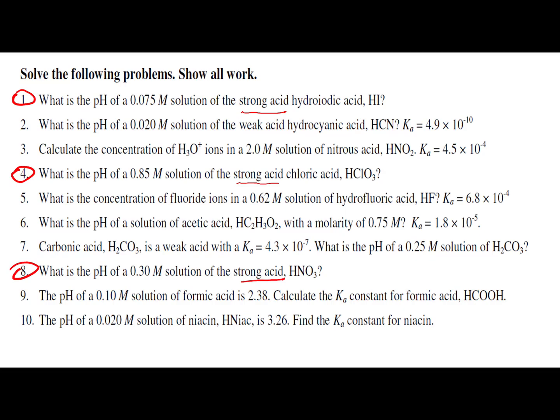Okay, the pH of a 0.075 molar solution of HI. So let's get a new slide. 0.075 molar solution of HI. What's going to happen? HI is a strong acid. And so when HI dissociates, it will dissociate into hydrogen ions and iodide ions.